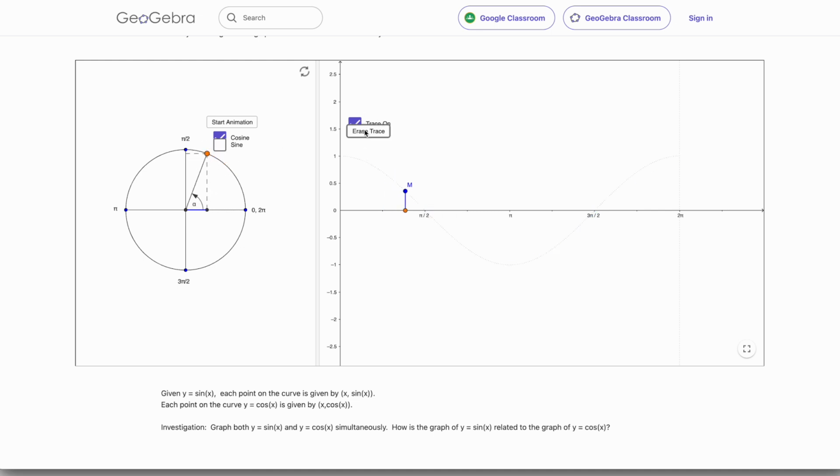Now, for the sine graph, we're going to do the same thing. Let's go back. I'm going to get rid of the cosine. Remember, the sine graph is the y value.